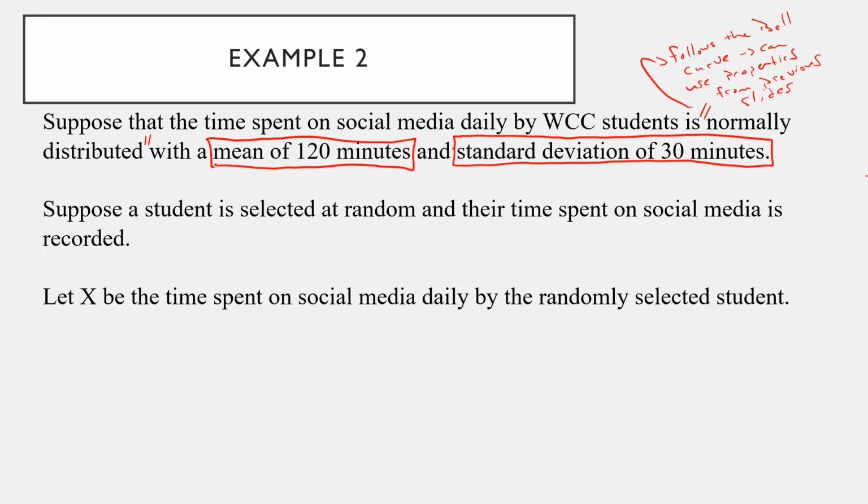I'm going to define this variable here. I'll write it out even though I have it typed. This random variable X is going to be the time spent on social media by a randomly selected student.